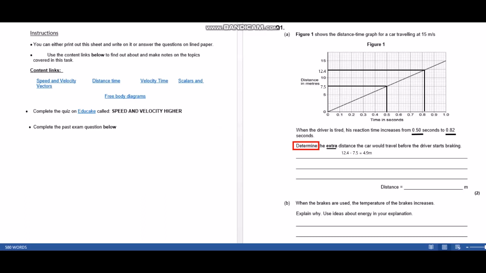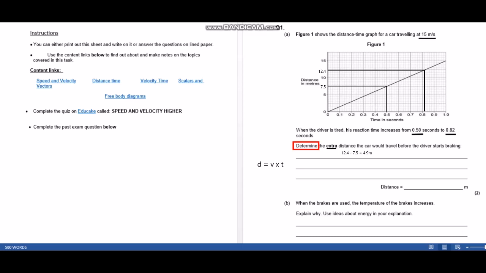There is an alternative method that we can use, because we know the car is traveling at 15 meters per second, and we can see from the straight diagonal increase that it's a constant speed. We can use the equation speed equals distance over time, where distance is equal to speed times time, where d is distance, v is speed, and t is time.